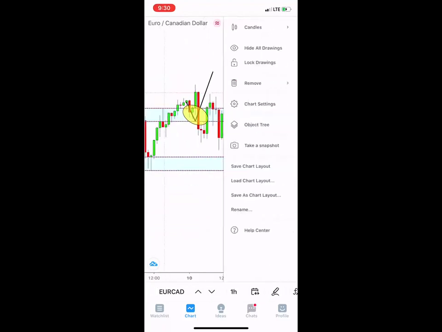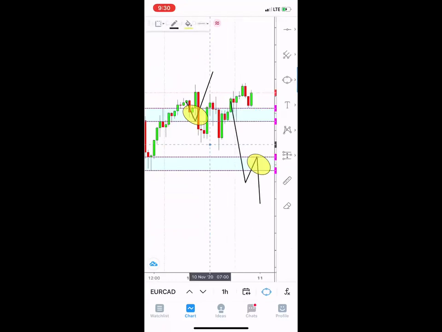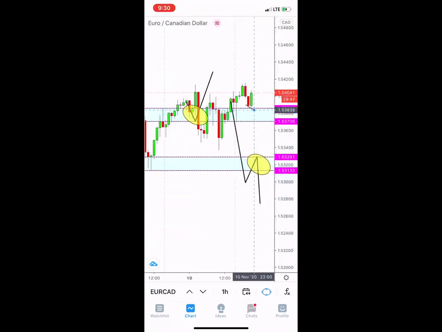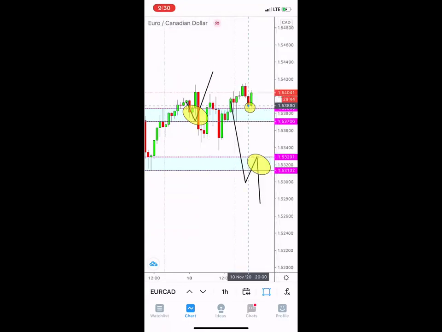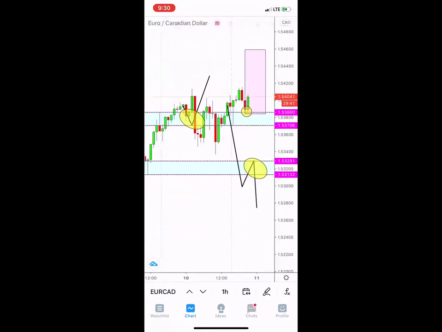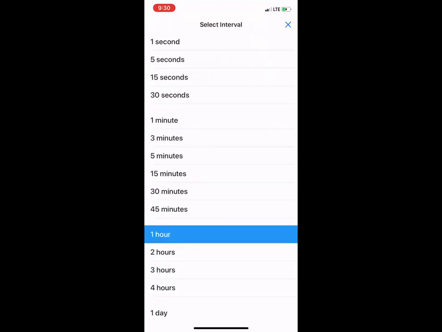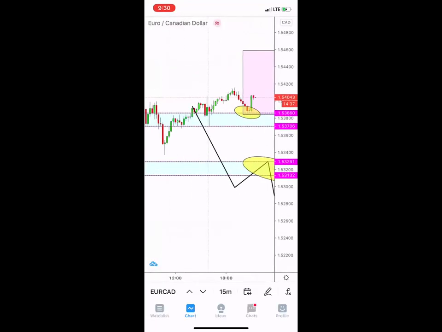You can see potential. For this one, if we go even on a lower time frame, you'll be able to see this in much more detail as well.